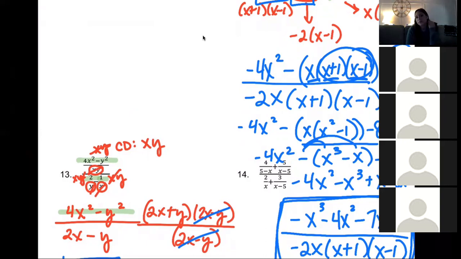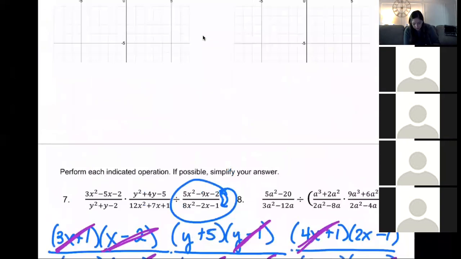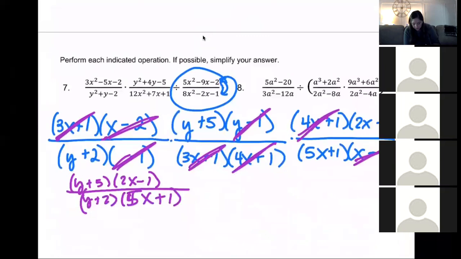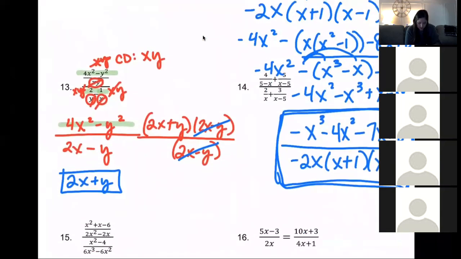I don't know if I understand your question. Are you talking about these examples? No, sometimes when you divide fractions and they have addition or subtraction in them, so you have to multiply by the common denominator. Oh, like number 13. So you don't keep the denominator in the end.